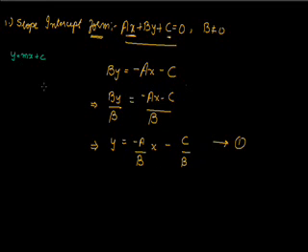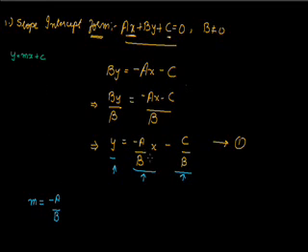Now we had seen that the standard form of the line is y is equal to mx plus c. Comparing these two equations, y equal to mx plus c and y equal to minus a upon b of x minus c upon b, I can say that m is equal to minus a by b.